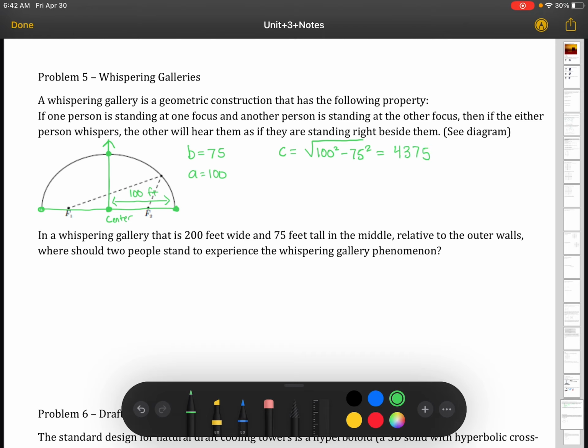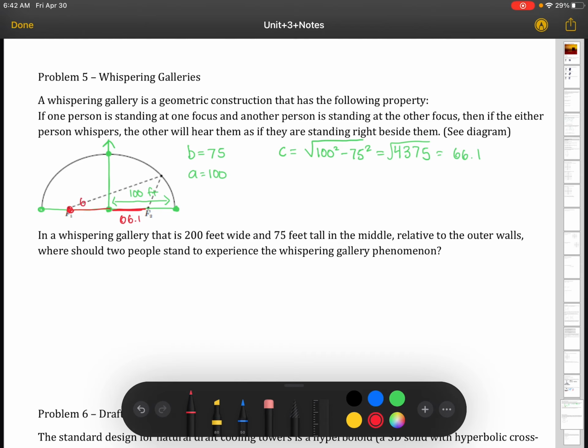So 100 squared minus 75 squared is 4,375. So under the square root, if we do that we get 66.1. So we know this distance is 66.1, and that's true in both directions.